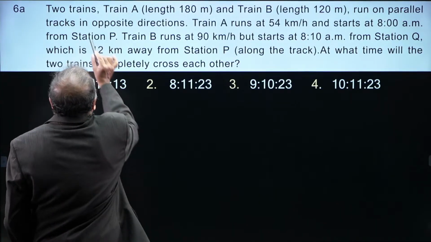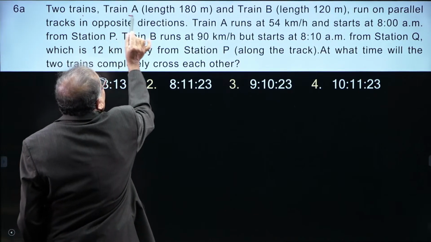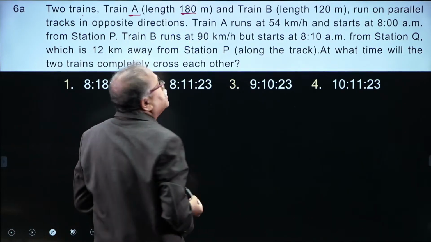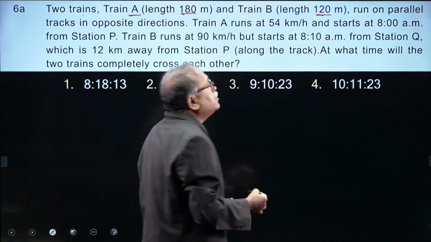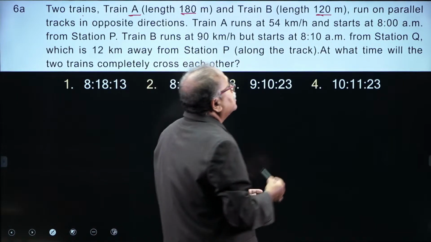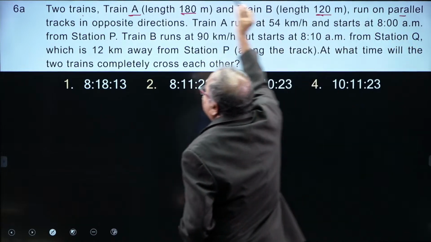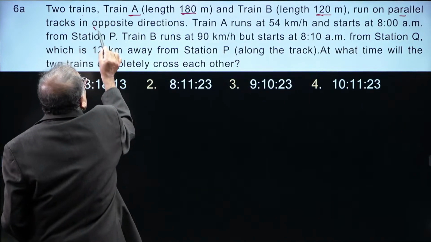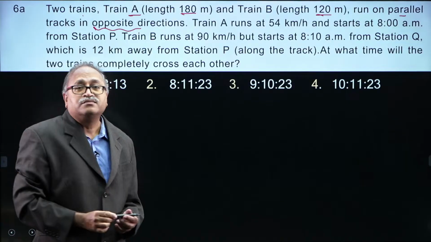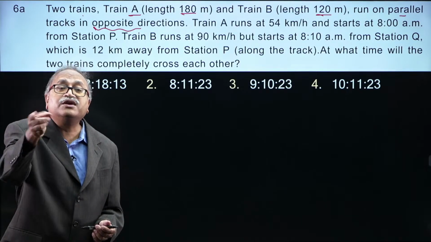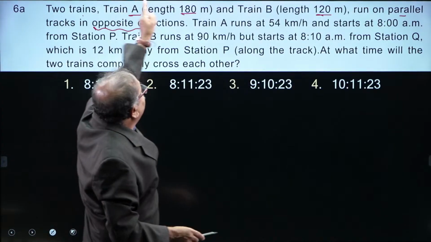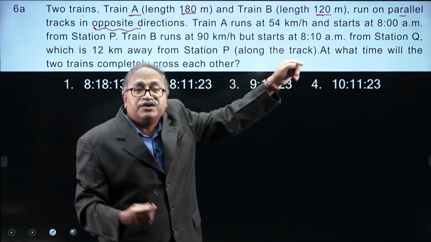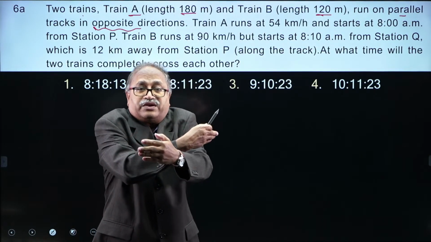What is it? Two trains, train A length 180 meter and train B length 120 meter, run on a parallel track in opposite direction. Here what you said, 120 plus 120, here this applies as 180 plus 120, then only they will cross each other.